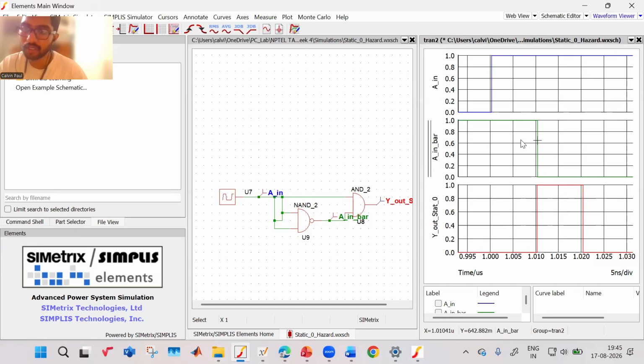It comes because in this part, A and A bar were both 1, and because of the delay in the circuit, the output also becomes 1 after that delay. So this is known as a static 1 hazard. No, sorry, this is a static 0 hazard. That is, the output should be 0, but there's an occasional glitch of it going to 1.